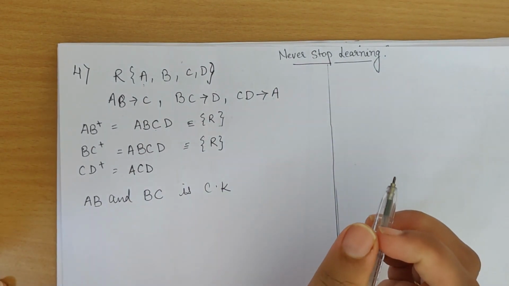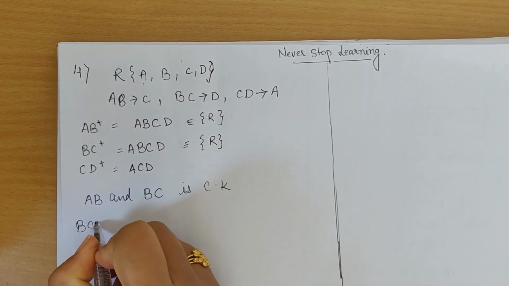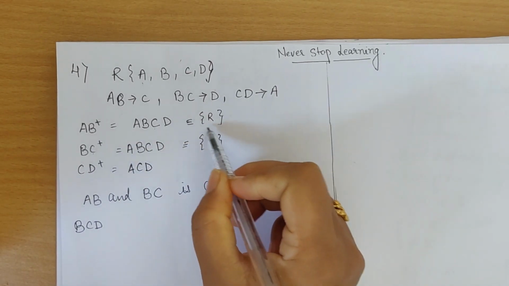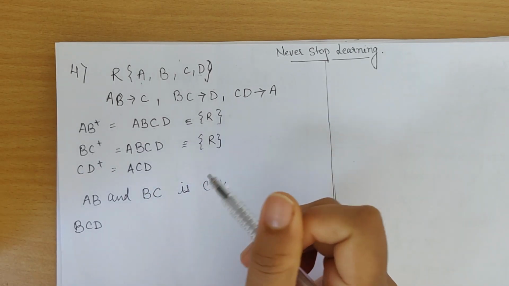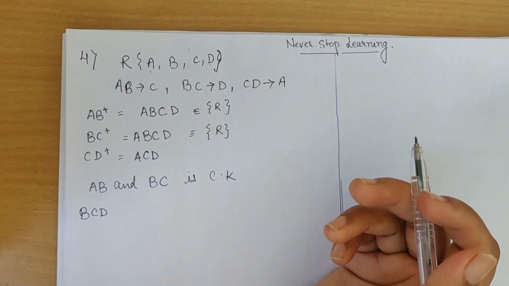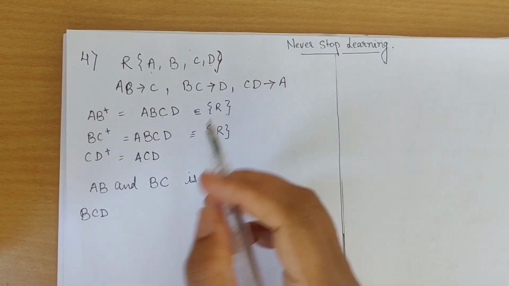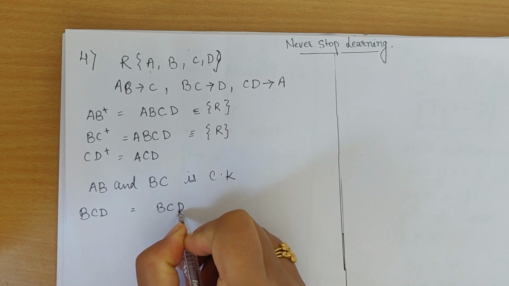But now if I take BCD, will this combination work? Because only D is left out from being a candidate key. So let's try this combination BCD. BCD will come in the result set.